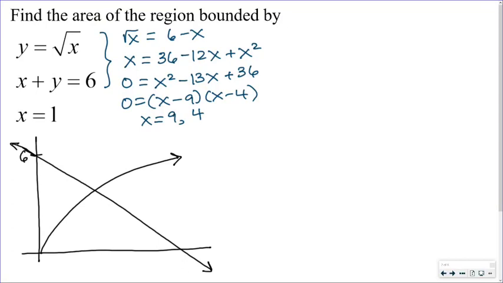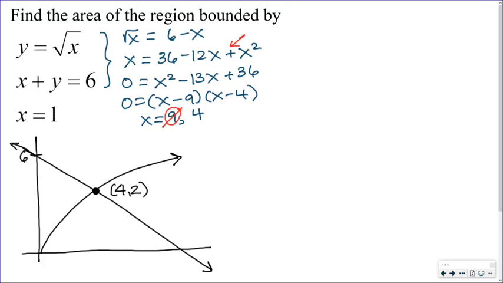And you can see that this point here is going to be 4, 2. Why did I get this other answer? X is 9. Remember that over in this step here, I squared both sides and I introduced an extraneous solution. When you square an equation, you can introduce an extraneous solution. So that's the x is 9.